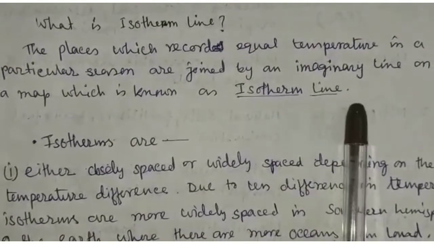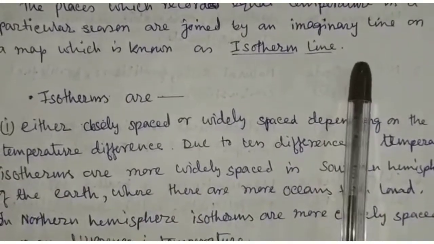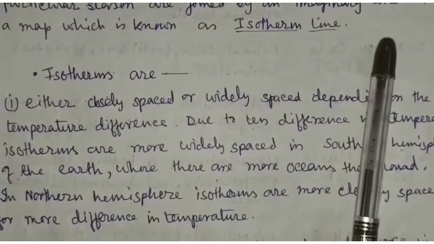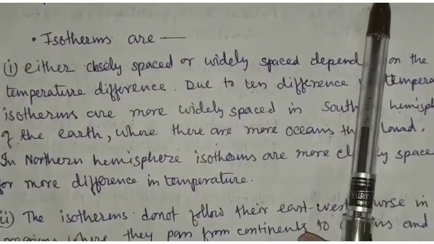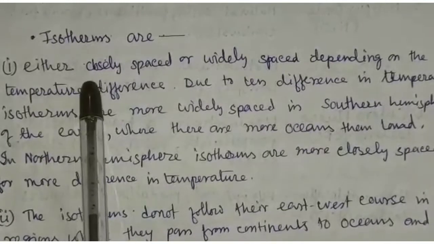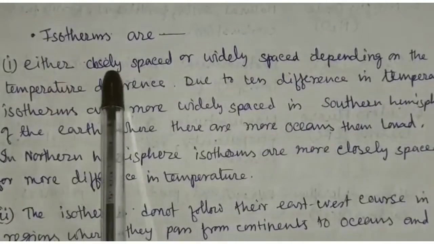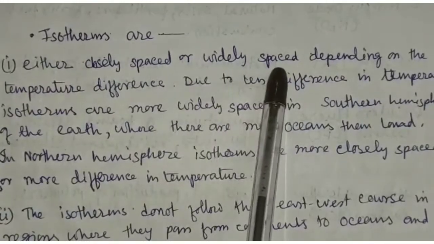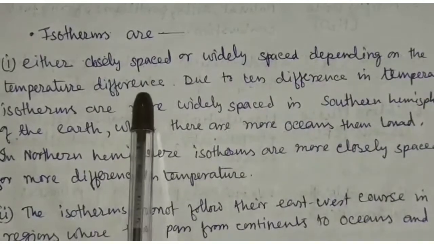Isotherm lines have some characteristics. Number one, they are either closely spaced or widely spaced depending on the temperature difference.